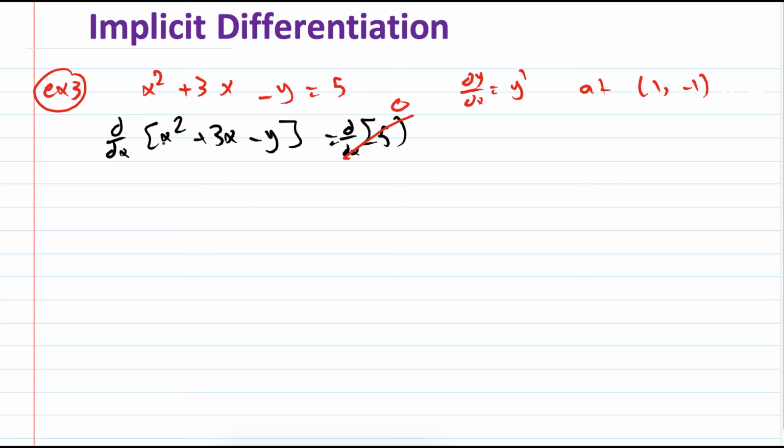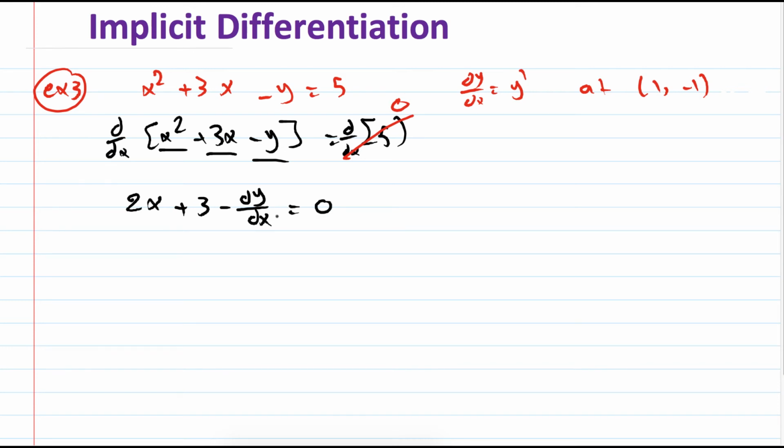So here I have to find the derivative of x squared added to the derivative of 3x added to the derivative of minus y, or minus the derivative of y. The derivative of x squared is just 2x, plus the derivative of 3x is 3. The derivative of minus y is minus 1 times dy over dx. So minus dy over dx, equaling 0.